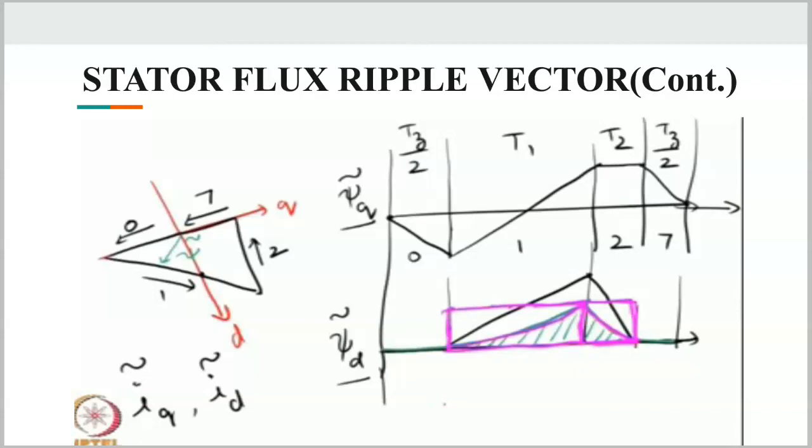In between the two, it goes on increasing. It reaches the peak at the end of t1 and the start of interval t2, and then it falls linearly. This is how the d-axis ripple varies.